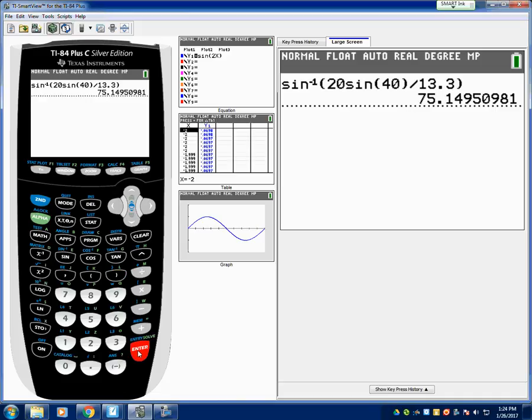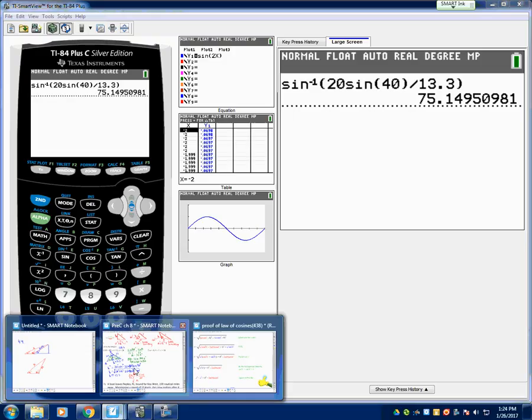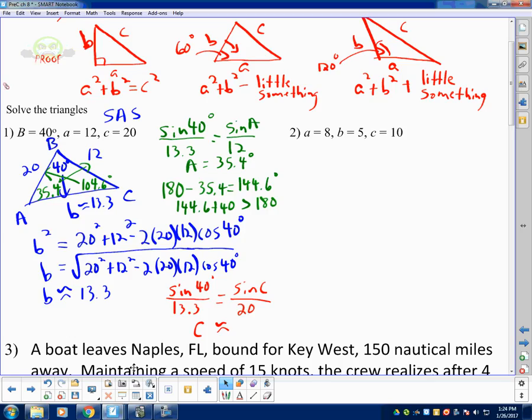We get 75.1 degrees. So go back over here, I'll show you what's going on. We get C is about 75.1 degrees. If we do our test here, 180 minus 75.1, we get 104.9.